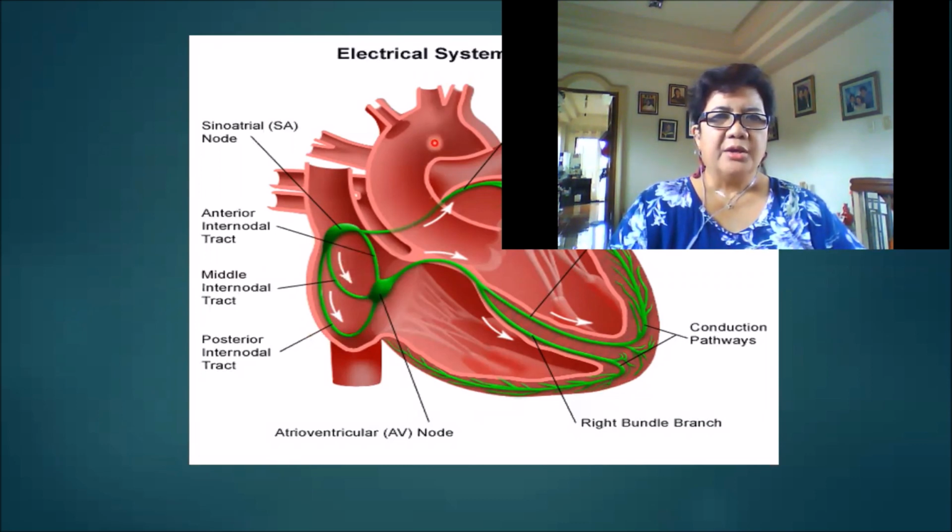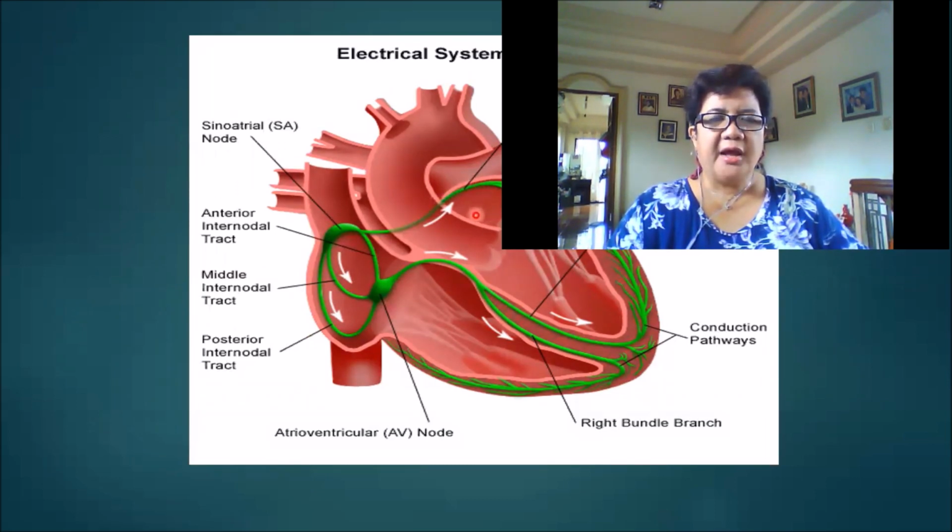Then the signal from your SA node could also go to your left atrium through your Bachmann's bundle.